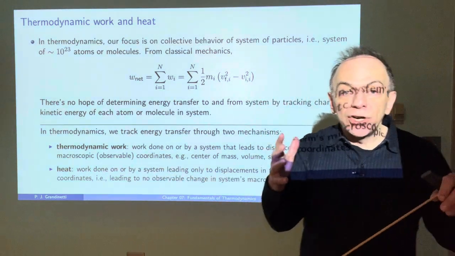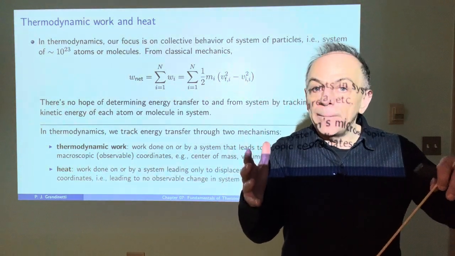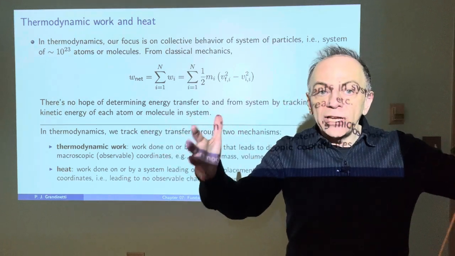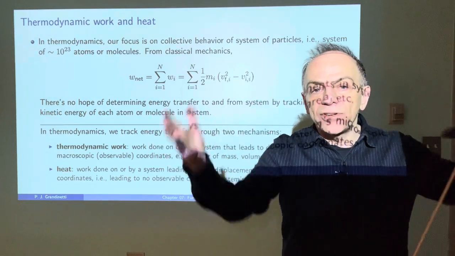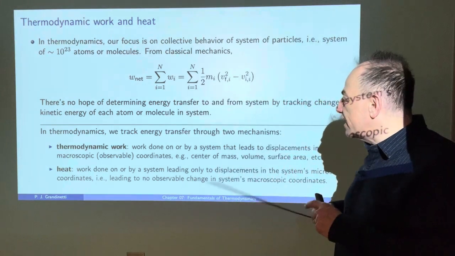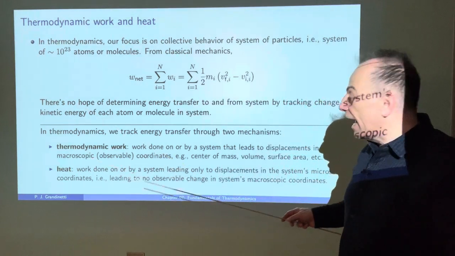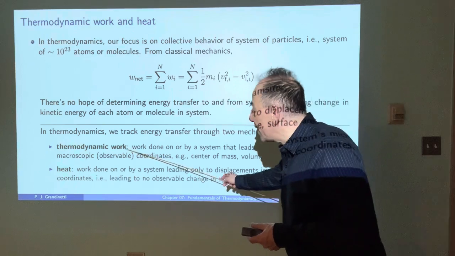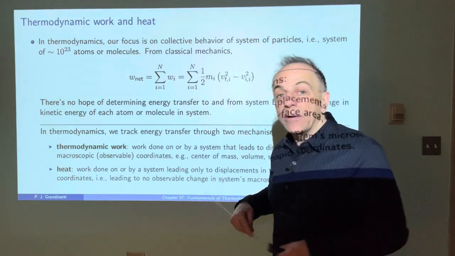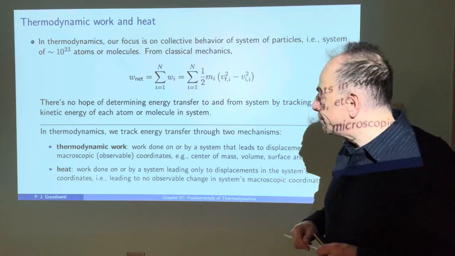So the observable coordinates that you can see on a macroscopic scale, the center of mass of the system, the volume that it occupies, or maybe the surface area that it has, all of those macroscopic quantities we can observe, and we can see their displacements, and we can calculate, just like we did using the equations of Chapter 1, the work that was done in those displacements.